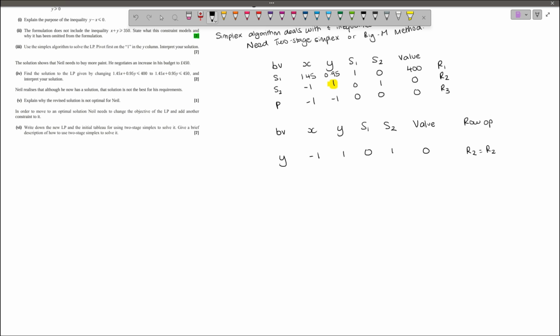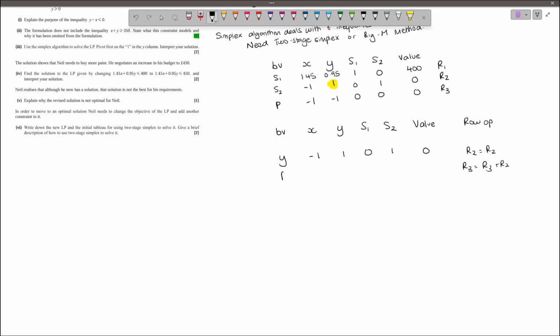Now for the other variables. For my objective row, I'm going to say that my new row 3 is equal to my old row 3, which had a negative 1 in the pivot column. I'm going to add 1 to it, so I'm going to add row 2.